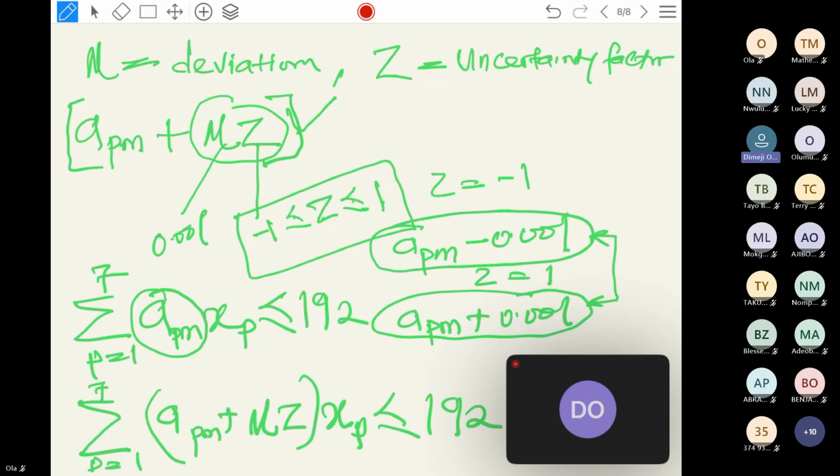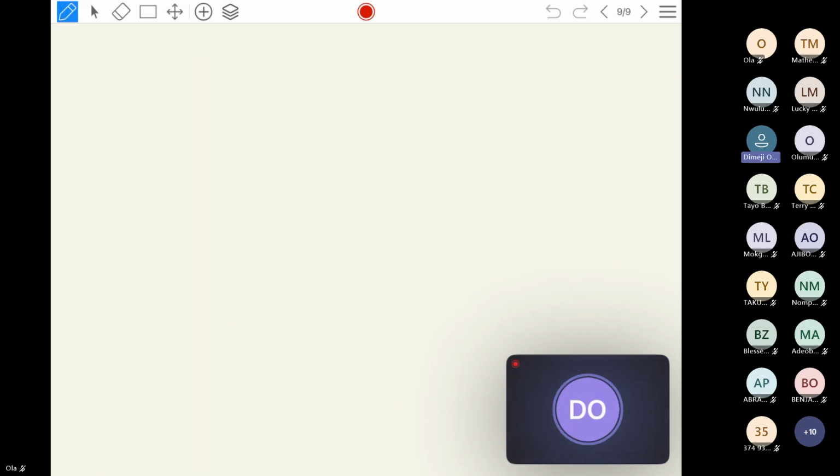You can choose to leave it like this, or you open it up.